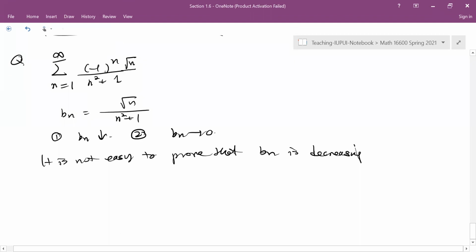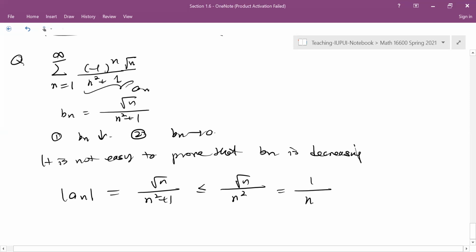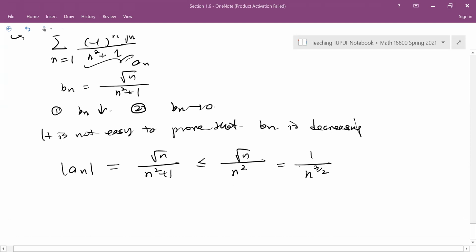So what I'm trying to do is, this is my a_n. I consider the absolute value of a_n, which is just the square root of n squared plus 1 in the denominator. And then this is less than or equal to the square root of n squared, and that is going to be 1 over n to the 3 over 2. That gives me my new series.